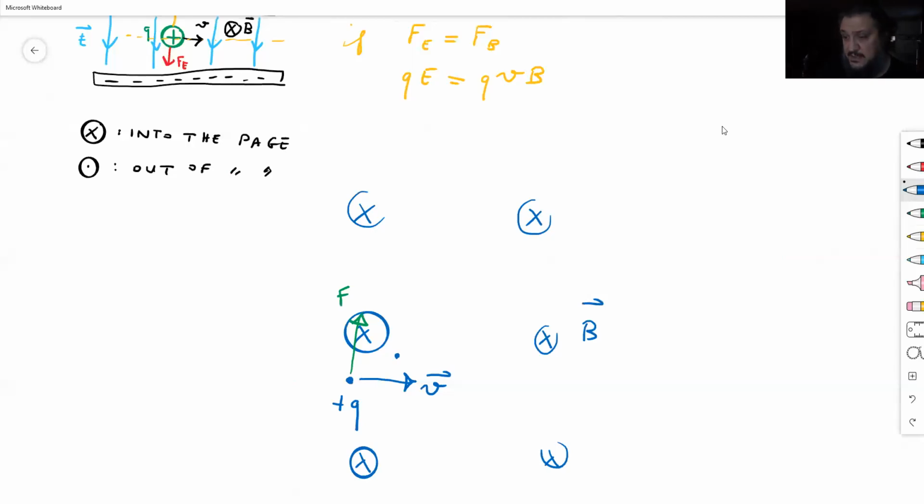So now the velocity vector points this way, but it's still inside the magnetic field. And remember, force has to be always perpendicular to both magnetic field vector and the velocity vector. So when the particle moves from this point to that point, now the force is this way. So it has to be perpendicular. The force changes direction. Apply this logic again.